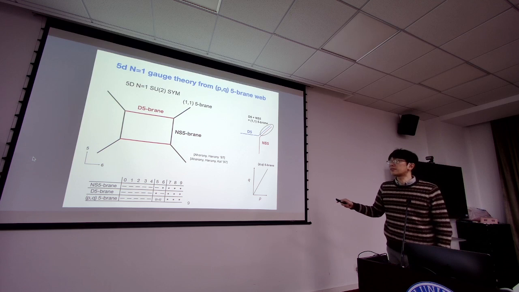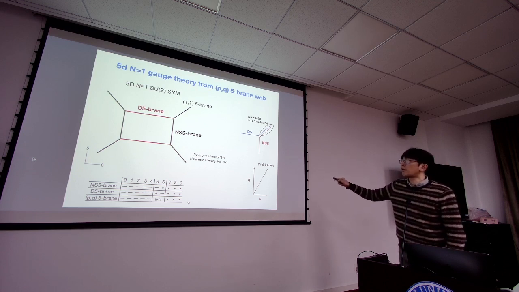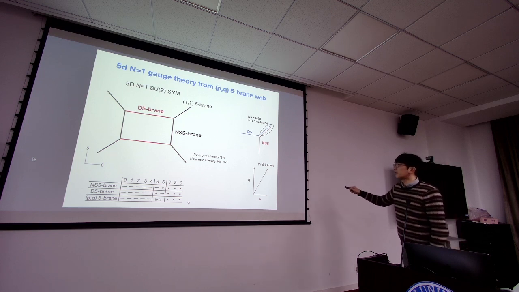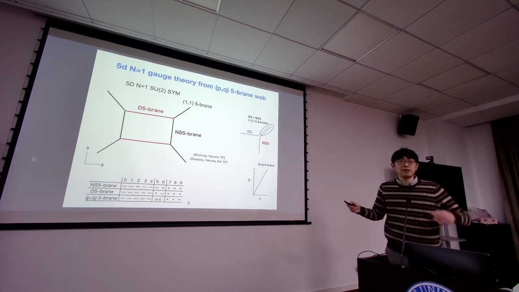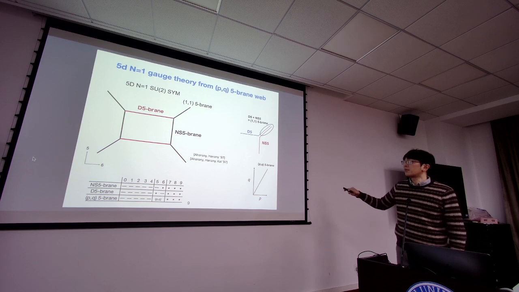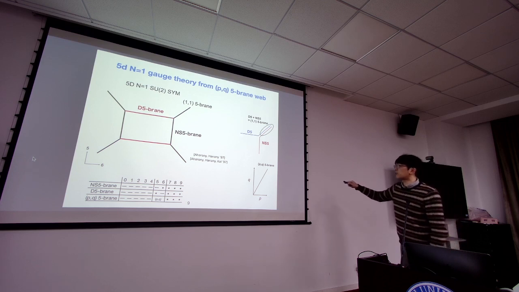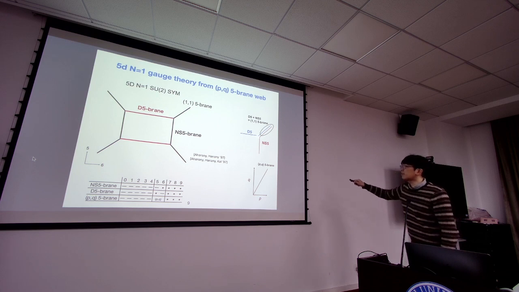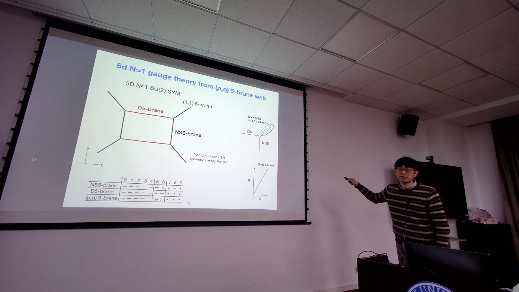But in this case, instead of saying NS5 brane, we need to introduce (1,1) 5-brane, because in this case D5 and NS5 are objects of the same dimension. So instead of saying that D5 is attached to NS5, it's more proper to say D5 and NS5 meet, and then due to charge conservation, we obtain some composite of D5 and NS5, which we call (1,1) 5-brane.